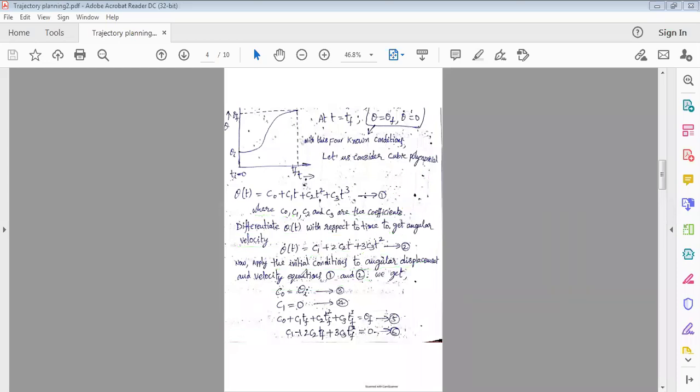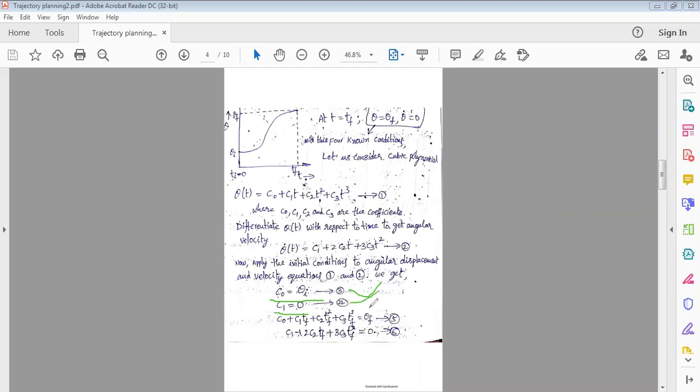Now substitute the initial conditions in the above two equations. From the first condition, t is equal to 0, theta is equal to theta I. Therefore coefficient C naught is equal to theta I. See equation 3. From the second condition, t is equal to 0, theta dot is equal to 0, so coefficient C1 is equal to 0.